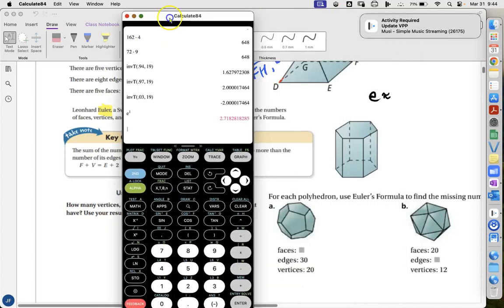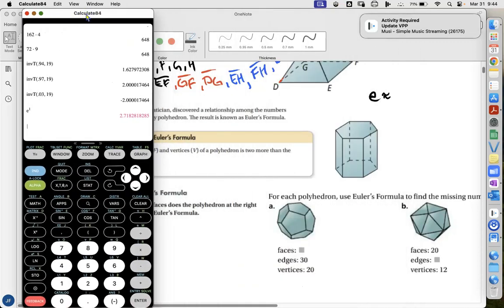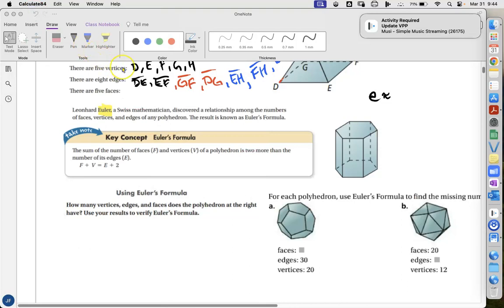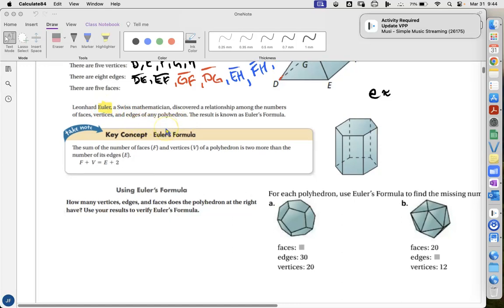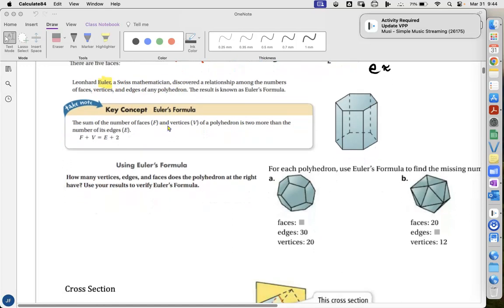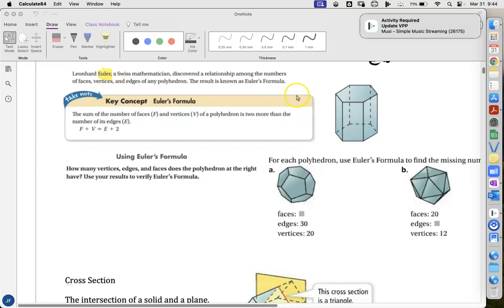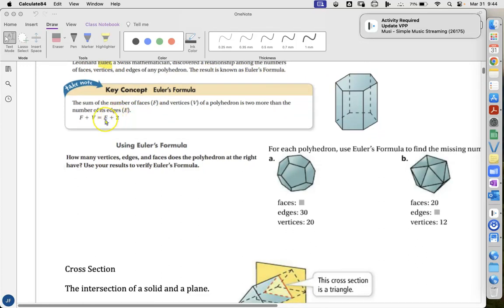So you'll use that quite a bit in Algebra 2, college algebra, and the symbol comes from his last name, Euler. There's some neat history on how that all came about, but I'll save that for you. So Euler's formula says that the number of faces plus vertices is equal to the number of edges plus 2. Okay, so faces plus vertices equals edges plus 2.